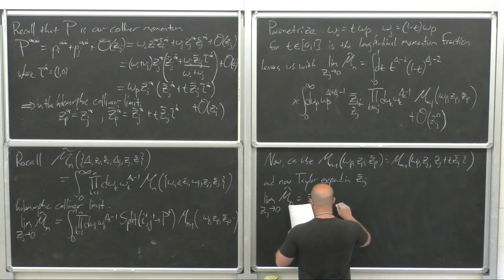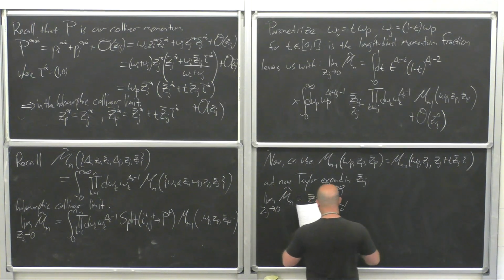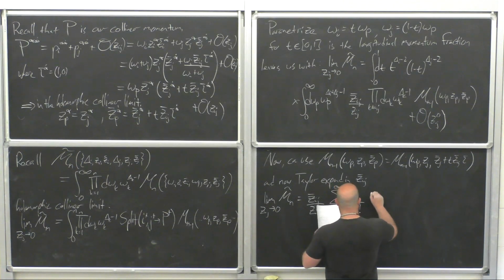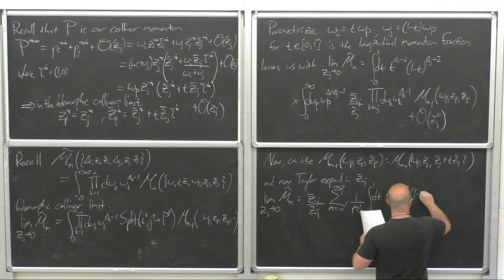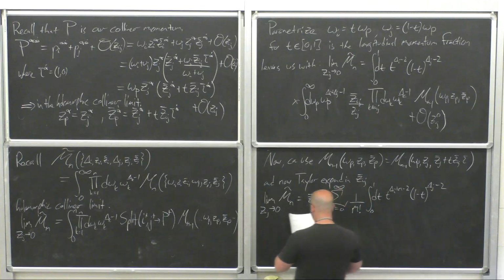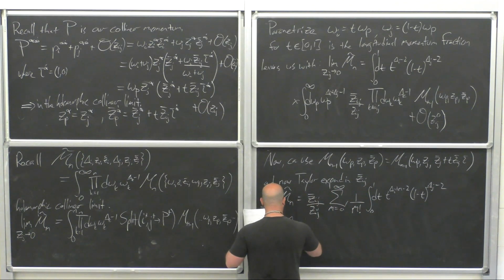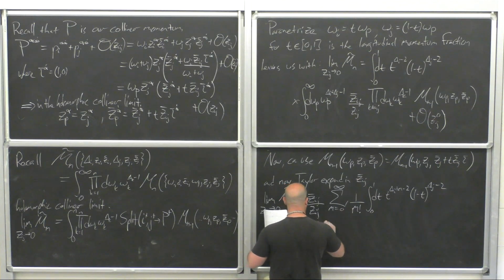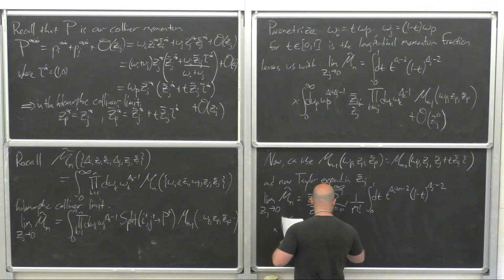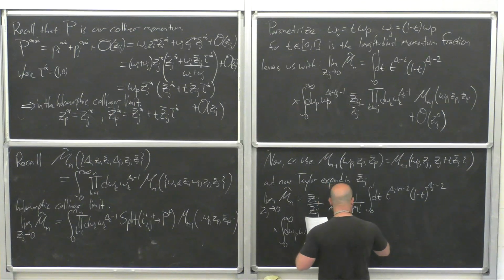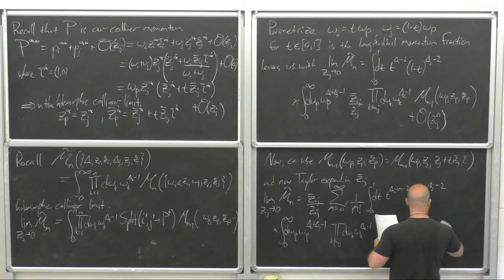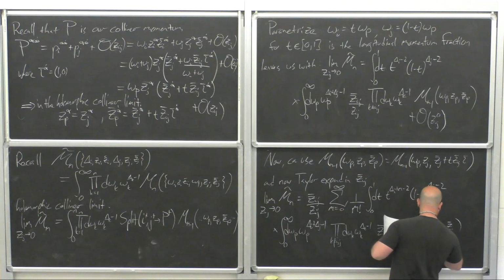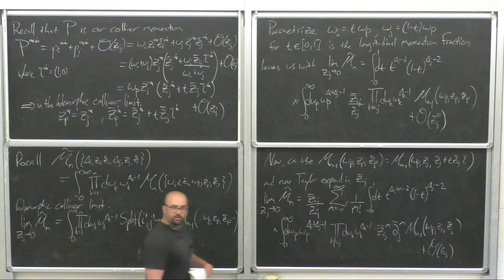And what we're left with is a sum, m goes from 0 to infinity, 1 over m factorial, integral 0 to 1 dt, t to the delta i plus m minus 2, 1 minus t to the delta j minus 2, times integral 0 to infinity d omega p, omega p to the delta i plus delta j minus 1, product over all the other frequencies that are not becoming associated with collinear particles, z bar ij to the m, d bar j to the m, acting on the n-1 point amplitude of omega p, z j, z bar j, plus order z ij corrections. Okay? And now we can rock and roll.